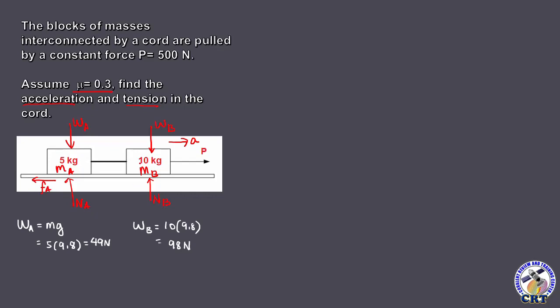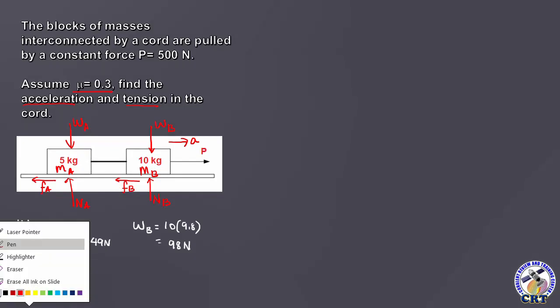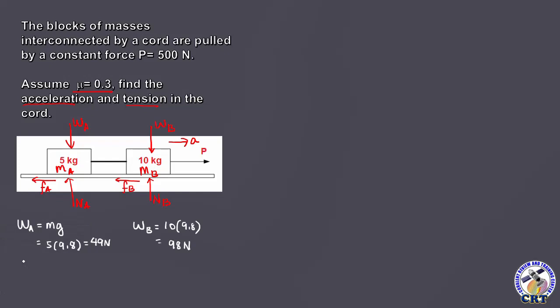While with respect to mass B, there is a frictional force in this direction, Fb. So what is the formula of the frictional force? Frictional force is equivalent to the coefficient of friction times the normal force.